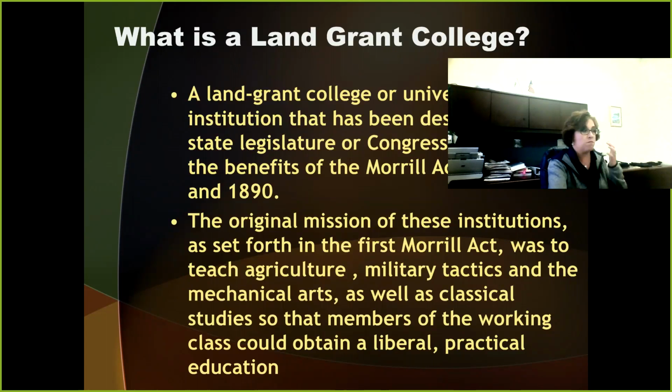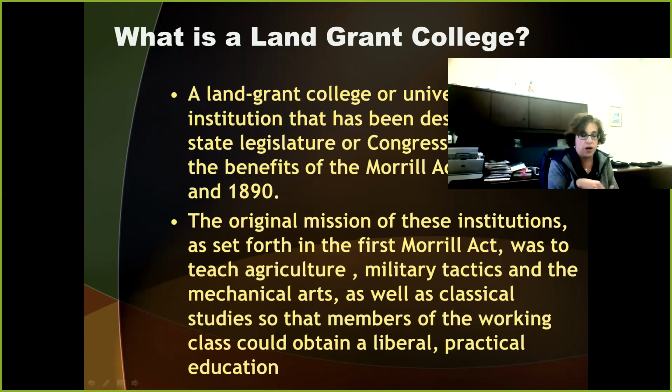There's lots of federal support, and we're going to talk just briefly about some of those, but the original mission of these institutions was set forth in the original Morrill Act, and it was to teach agriculture, military tactics, and mechanical arts, as well as the classical studies.